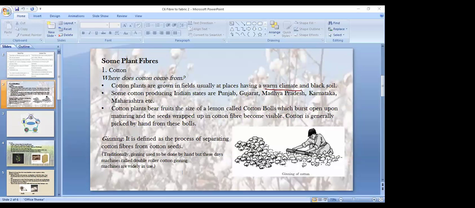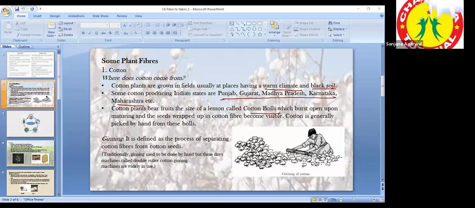Some cotton producing Indian states are Punjab, Gujarat, Madhya Pradesh, Karnataka, Maharashtra, etc. Cotton plants bear fruits the size of a lemon called cotton balls, which burst open upon maturing. The seeds wrapped up in cotton fiber become visible. Cotton is generally picked by hand from these balls.